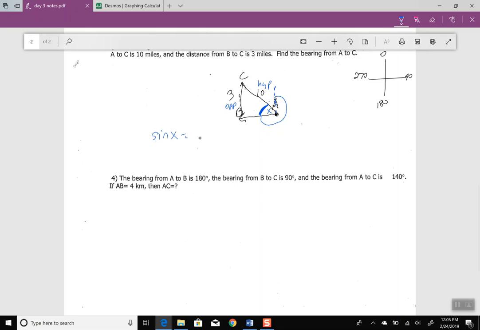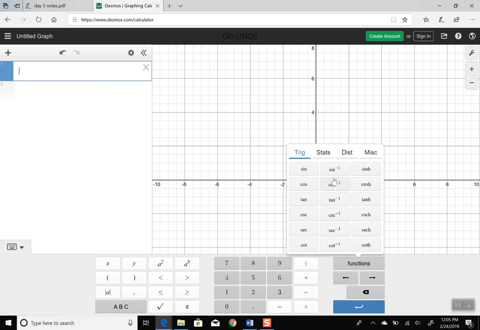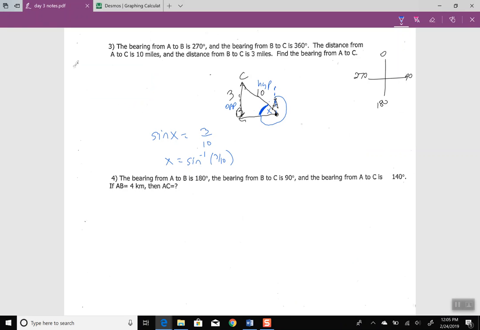So I want opposite and hypotenuse. Sine of X equals 3 over 10. So X would be the inverse sine of 3/10. And inverse sine of 3/10 gets you 17.458 degrees.